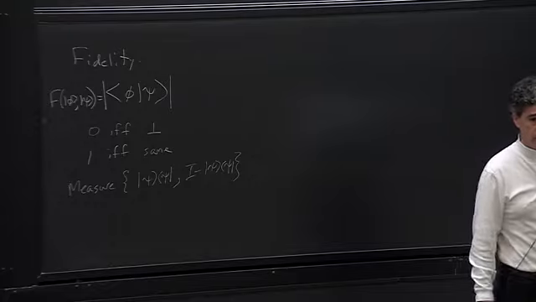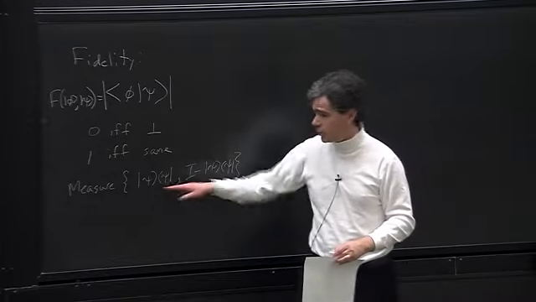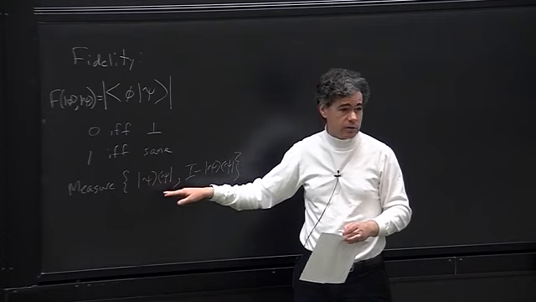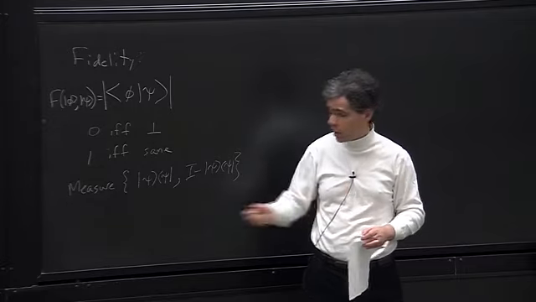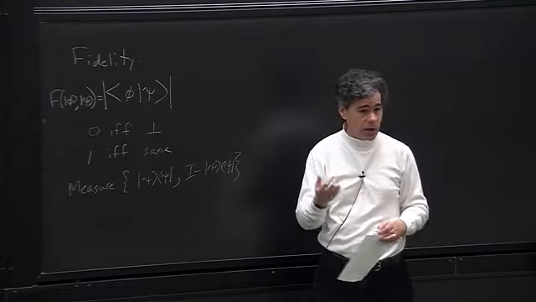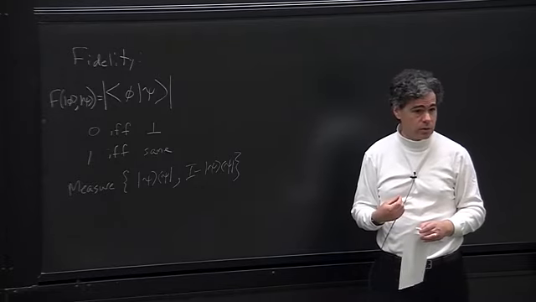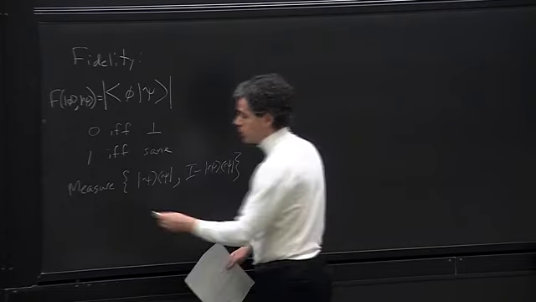And then what's the chance of getting the outcome psi? Right? If the state really is psi, then 100% of the time I'll get that outcome psi. But if the state is phi, then I might sometimes get psi and sometimes get the orthogonal outcome. And what is the probability of getting psi?